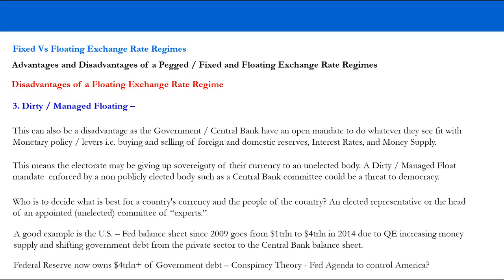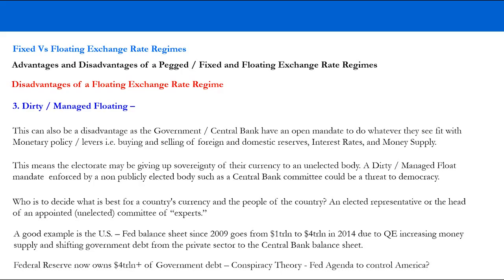This is all part of the wider question, which is who is really to decide what is best for a country's currency and the people of the country? Is that an elected representative or the head of an appointed committee or an elected committee of experts?